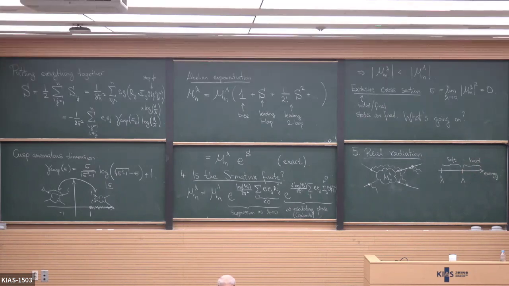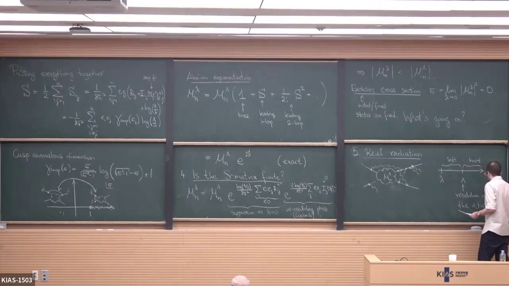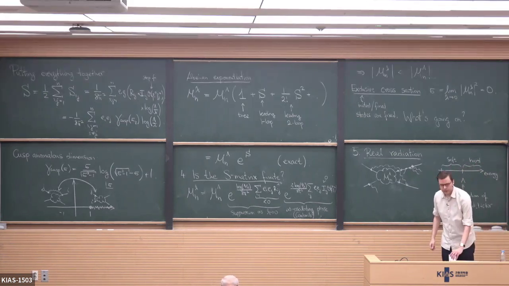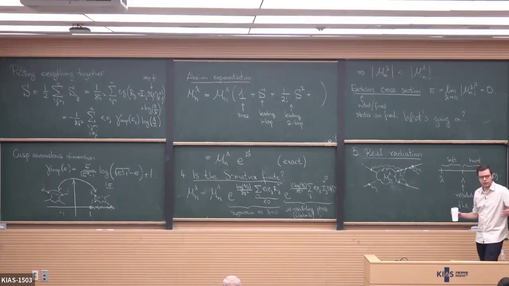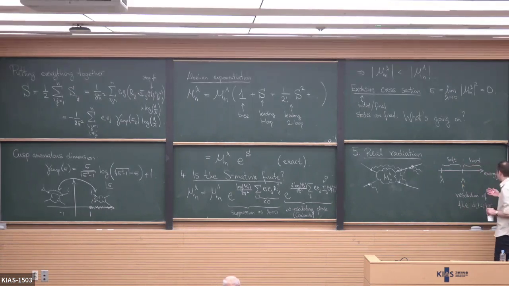Now, physically, the way you can think about this distinction is as a resolution of your detector. You can say that the detector has a finite size. Because of that, it's not going to be sensitive to all the soft modes that are penetrating through it. So we're supposed to think of it as missing certain parts of the soft radiation.